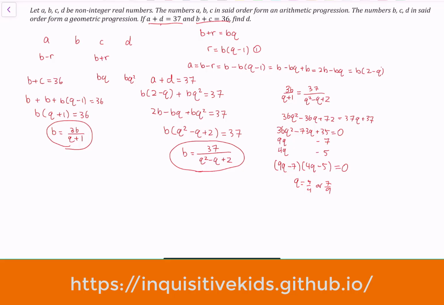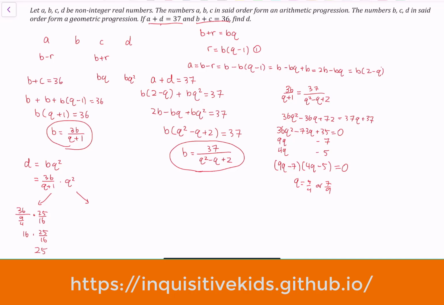Now our final goal is to find d. D is equal to bq squared. Now we can test the two values for q. If q is equal to 5/4, we get 36 over 9/4 times 25/16. That is equal to 16 times 25 over 16, which is equal to 25.